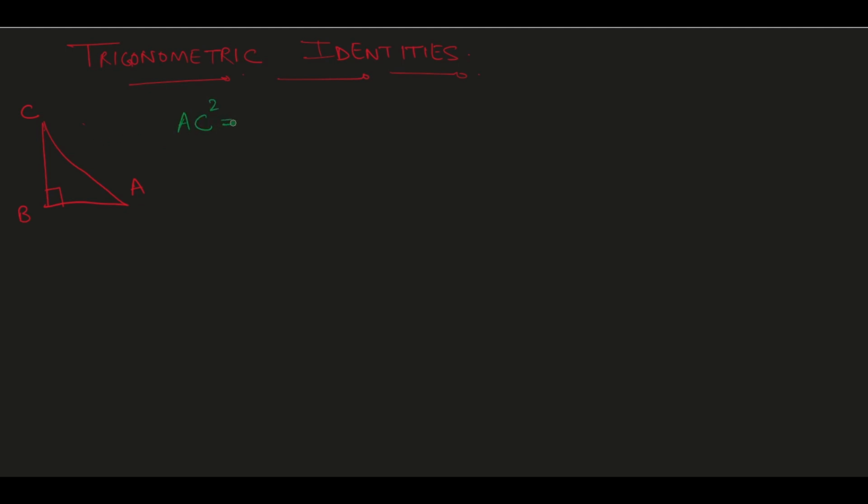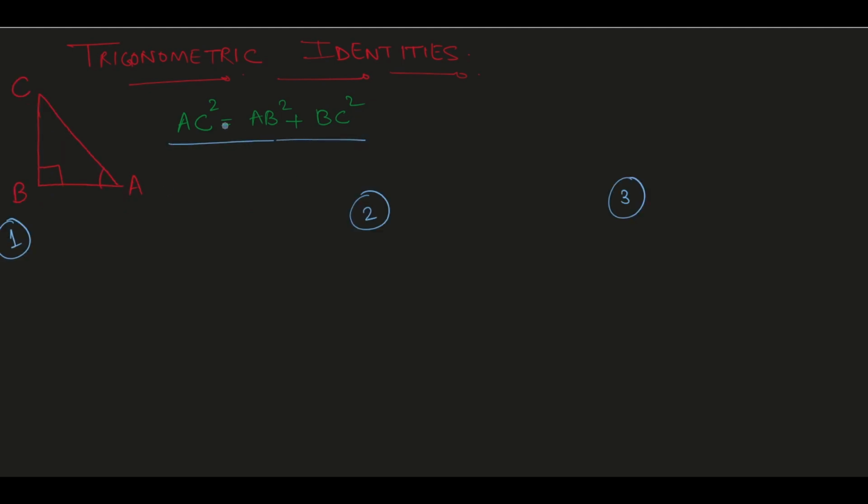AC square is equal to AB square plus BC square. Divide your page into three columns. This is our main relation which I got from the Pythagoras theorem.